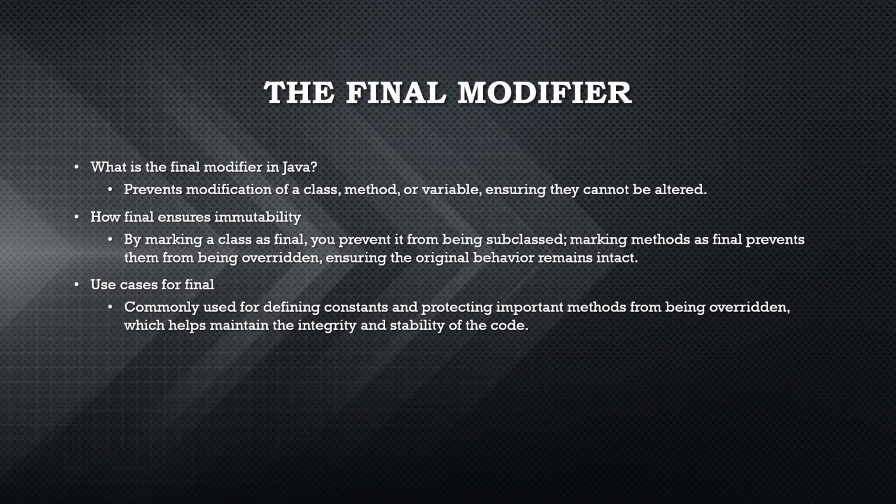This modifier is particularly useful for defining constants, as it ensures their values cannot be altered, and for protecting critical methods that should not be modified by subclasses, maintaining the integrity and stability of code. Overall, using final enhances reliability by enforcing immutability and safeguarding essential functionalities.